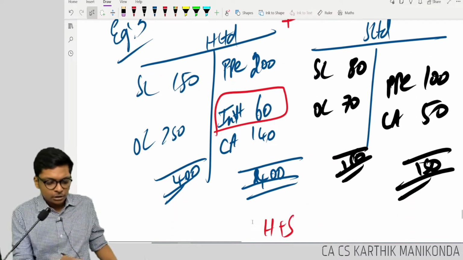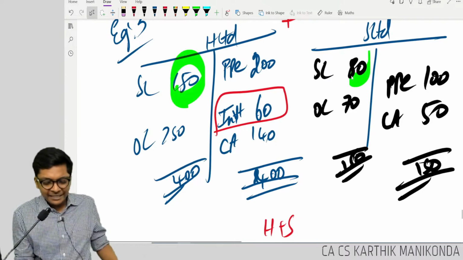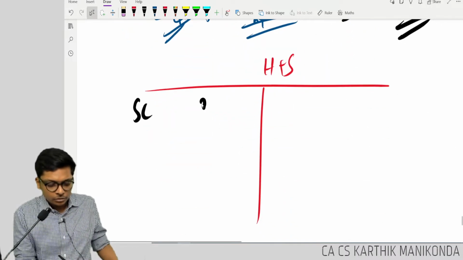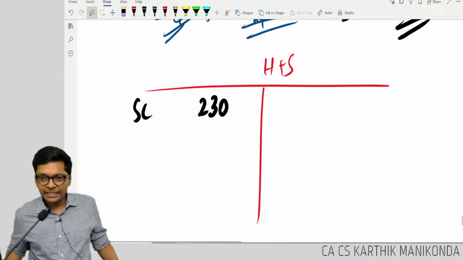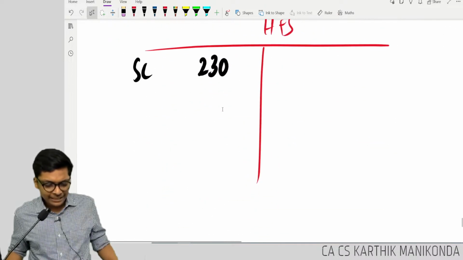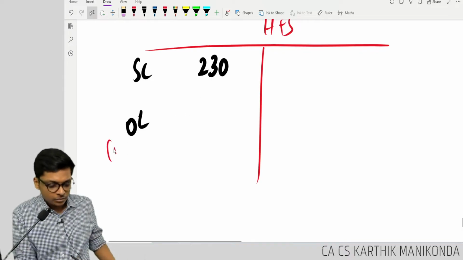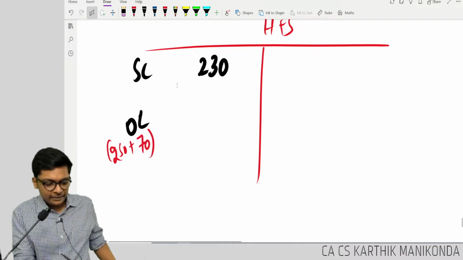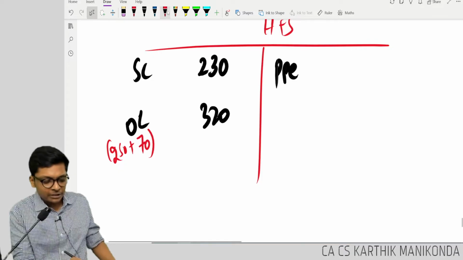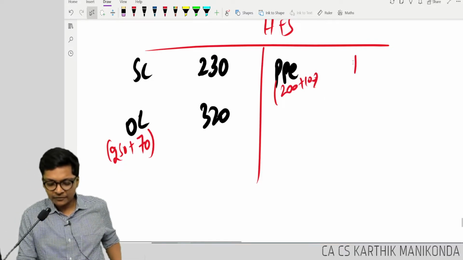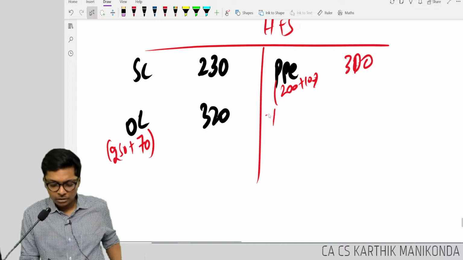H plus S. So let me add 150 plus 80. Share capital 230. Other liabilities 150 plus 250 plus 70, 320. PPE what plus what, guys? 200 plus 100. First you do line by line addition.